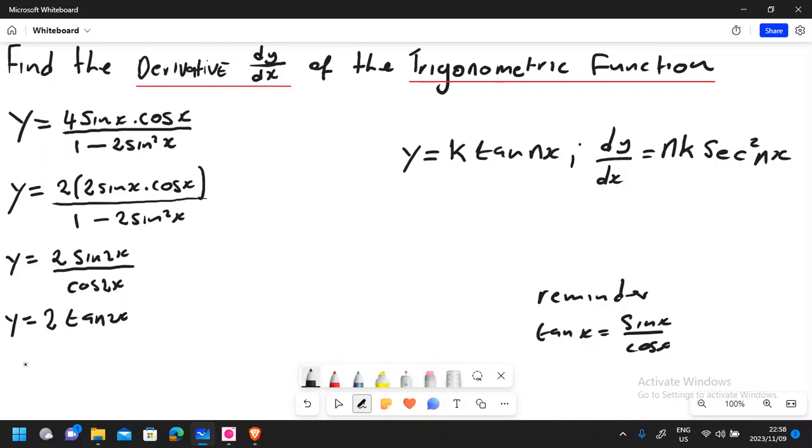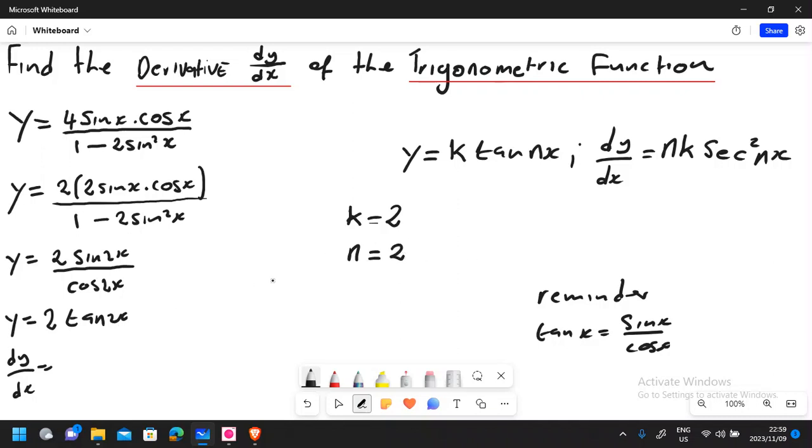Now let's find our dy over dx. But before we do that, we need to know what k is and what n is. In this case, when you look at our left hand side, our k is 2, this 2 here. And n is the coefficient of x, so our n is also 2.